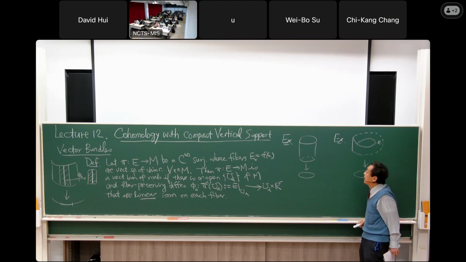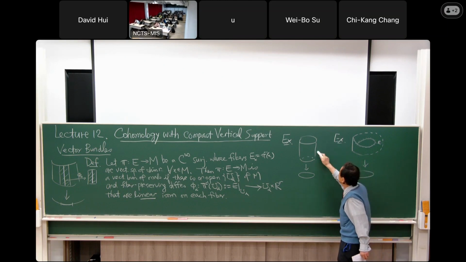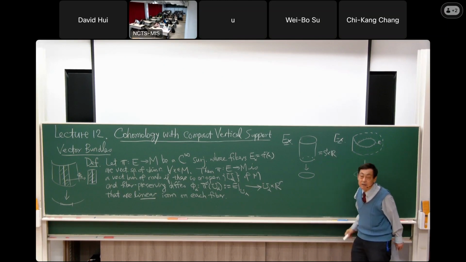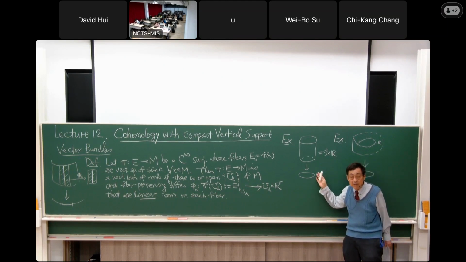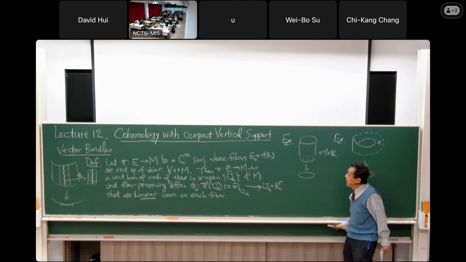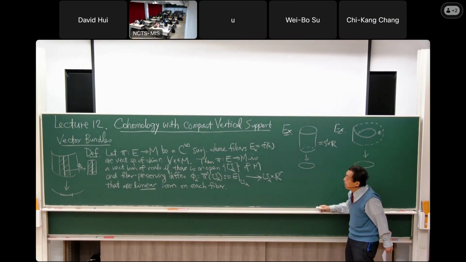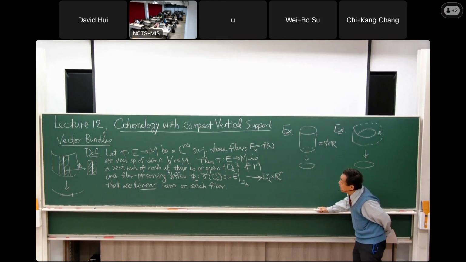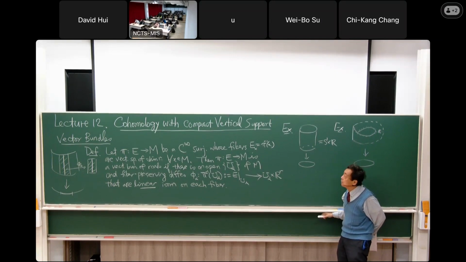Okay. Now, the cylinder is a product. It's S1 cross R. So that's a product bundle. And we can define morphisms of vector bundles.